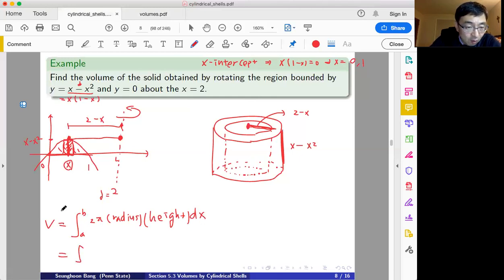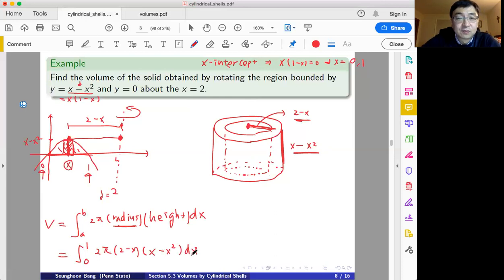So the integral from 0 to 1 of 2 pi times, what's the radius? The radius is 2 minus x. The height is x minus x squared. Like this. So we have it.